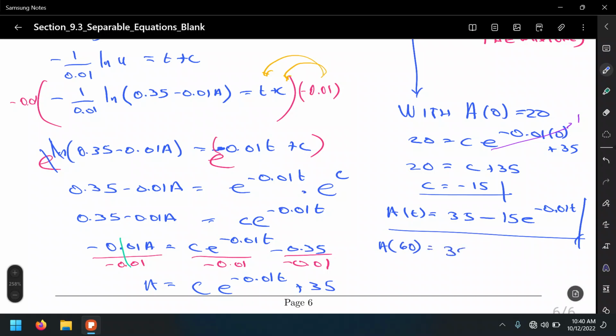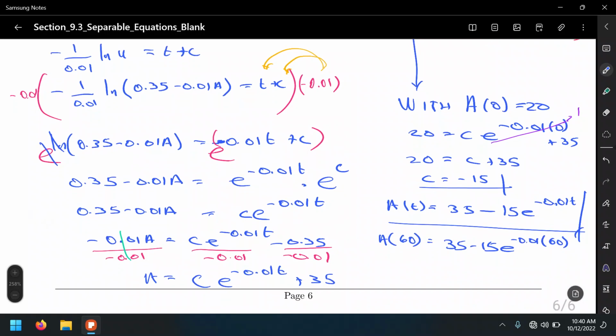That is 35 minus 15 e to the negative 0.01 times 60. And after simplifying this madness right here, this should be A of 60 equals 26.77, and in this case we can put the units, gallons, right?